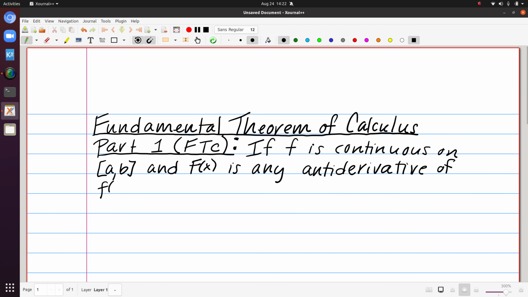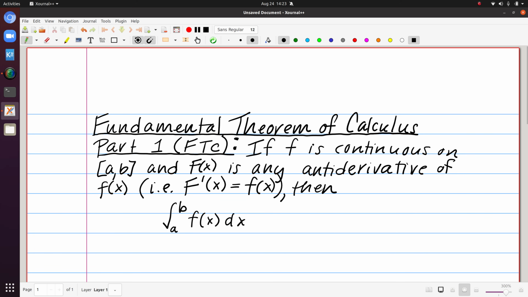And just as a reminder, when I say that that is an antiderivative, that means if you were to take the derivative of capital F, you should get lowercase f. So if these hold, then the conclusion is that the integral from a to b of f of x is equal to capital F of b minus capital F of a.